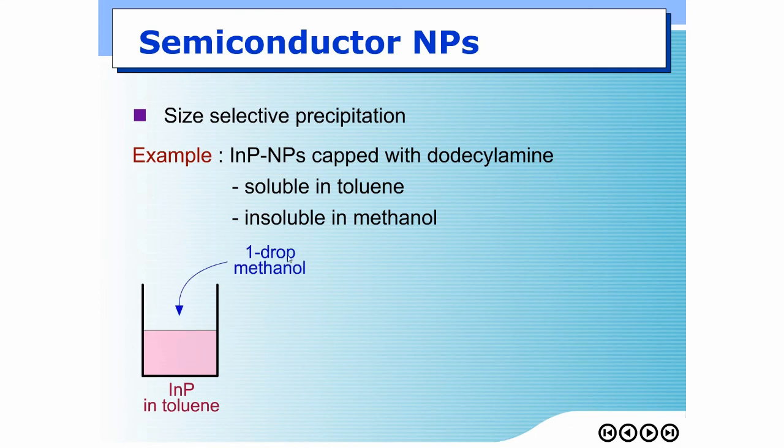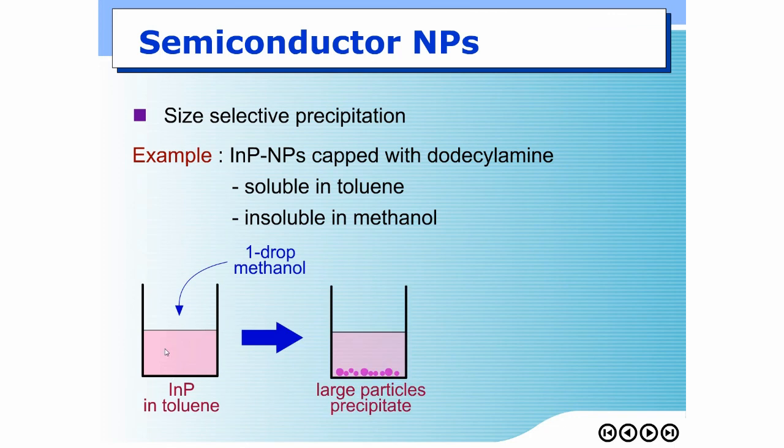If you add a small drop of methanol into the mixture, then you can imagine that the solubility of the particles in the solvent would now decrease, because you add a solvent that your product does not like to dissolve in.